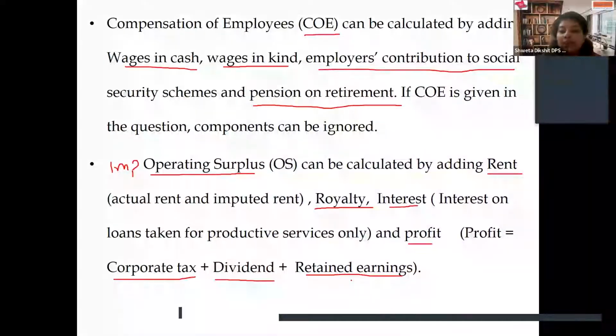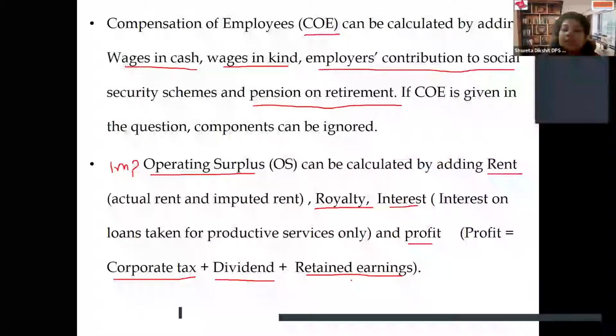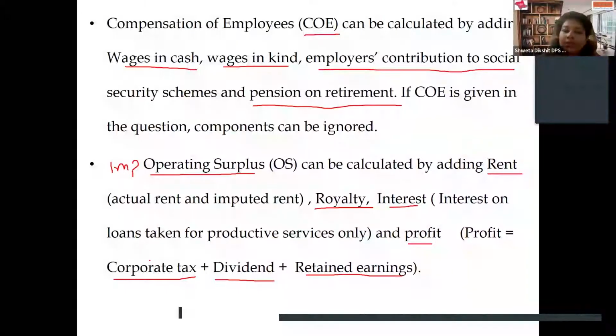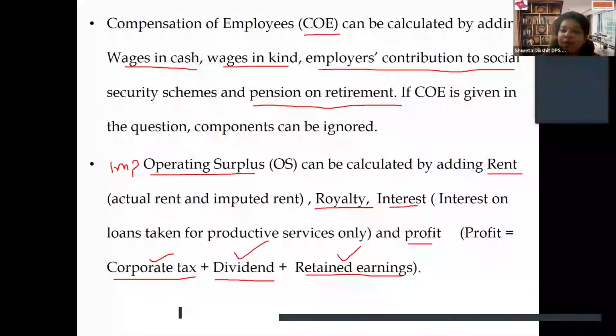And the last, which is not written over here, is undistributed profit. Profit cannot all be distributed. As you can see here, corporate tax is given to the government, dividend is given to the investors, and retained earning is kept for the future. But the person who is earning the profit can also be a consumer, so he also needs some share. That is known as undistributed profit.